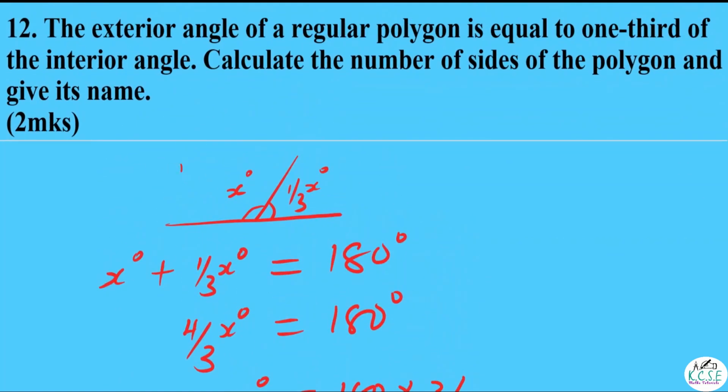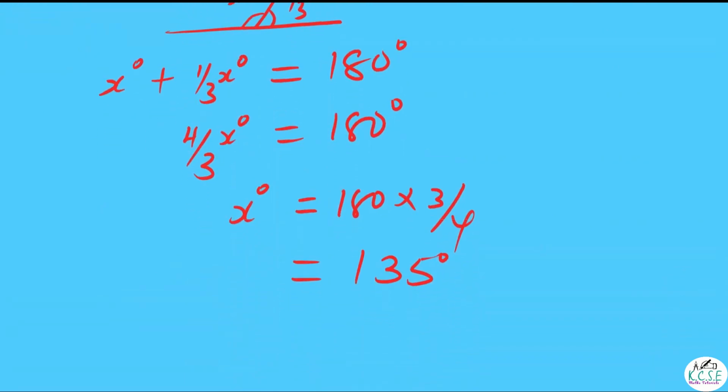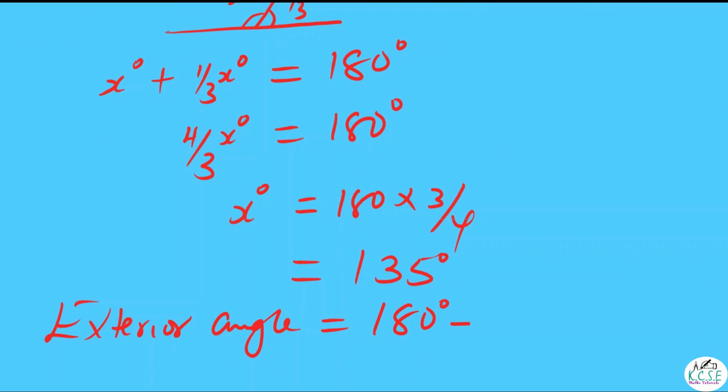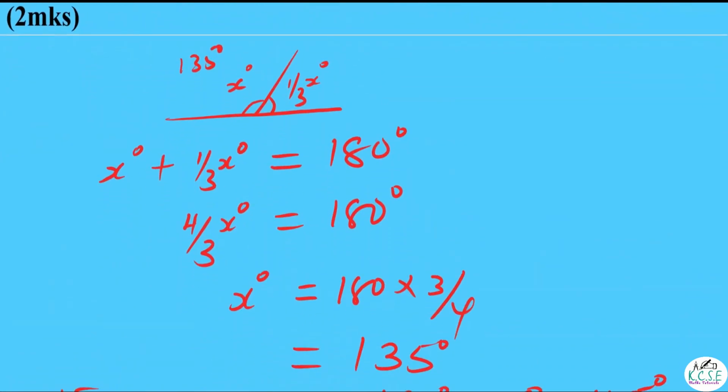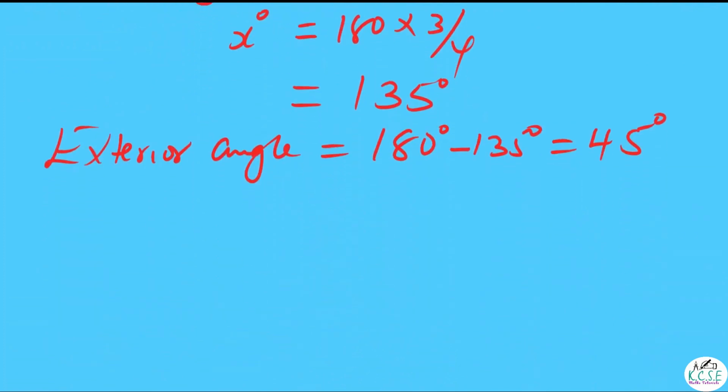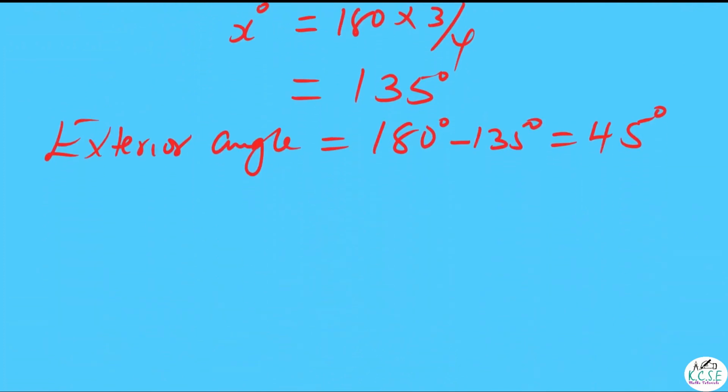So if this is 135 degrees, then the exterior angle will be given by 180 subtract 135 degrees, which is 45 degrees, since these two angles lie on a straight line, and the sum should be 180 degrees.